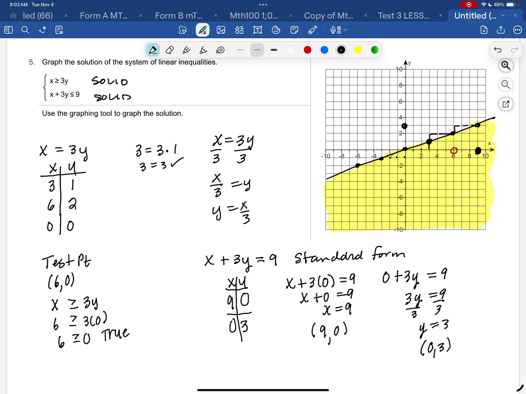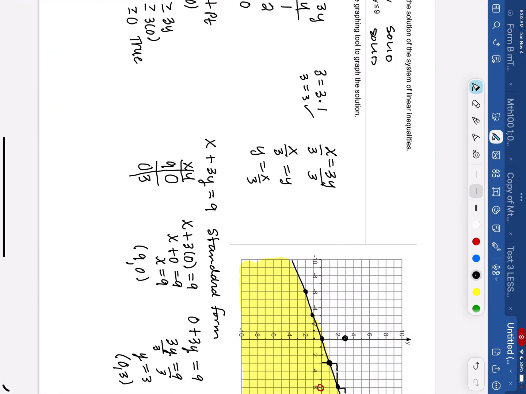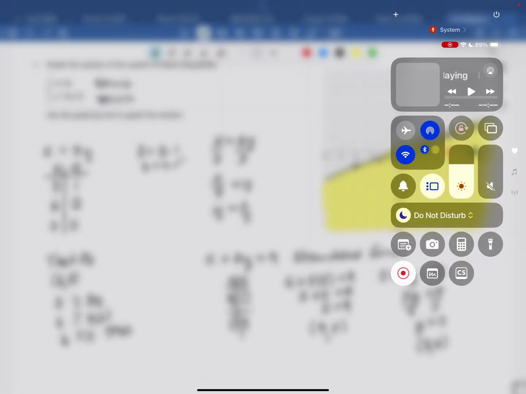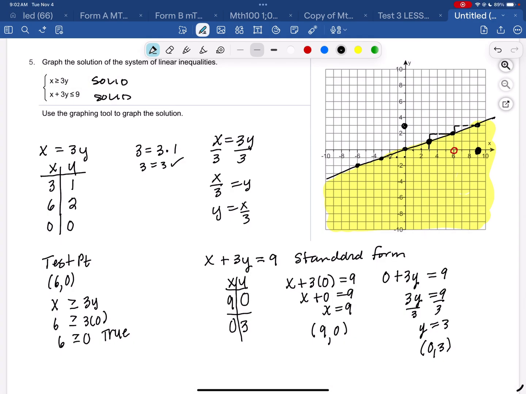So I'm going to connect those two points with the line. There we go. And I get something like that. Let me do a little straighter if I can. There's my line.